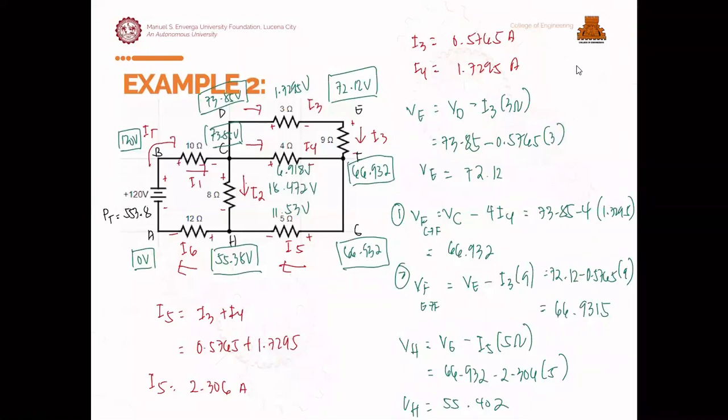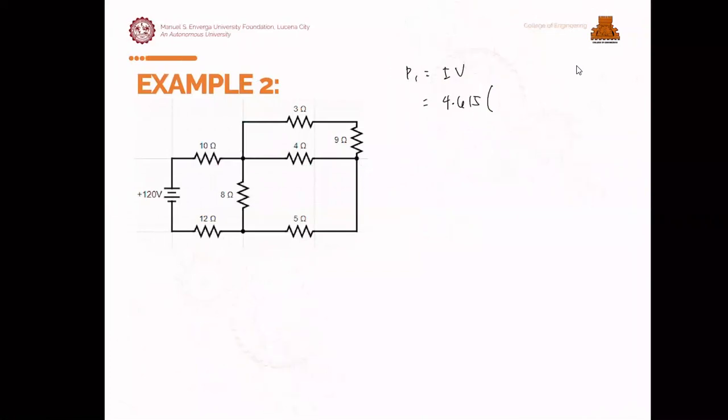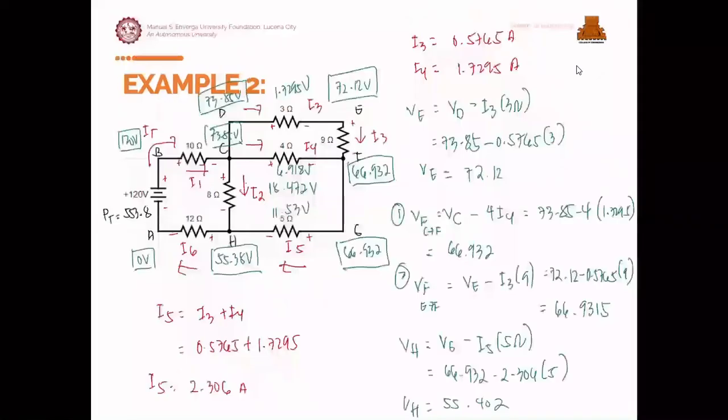Okay. P1 natin, I times V will be equals to 4.615 times yung voltage natin at that point.